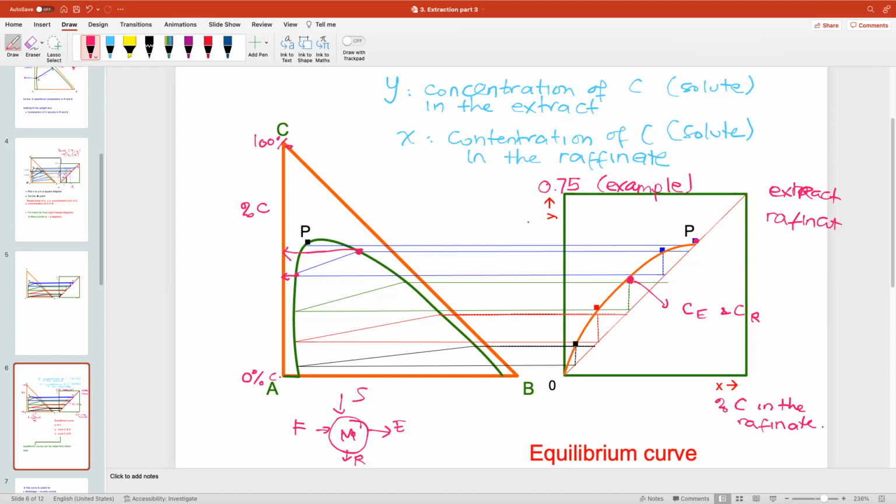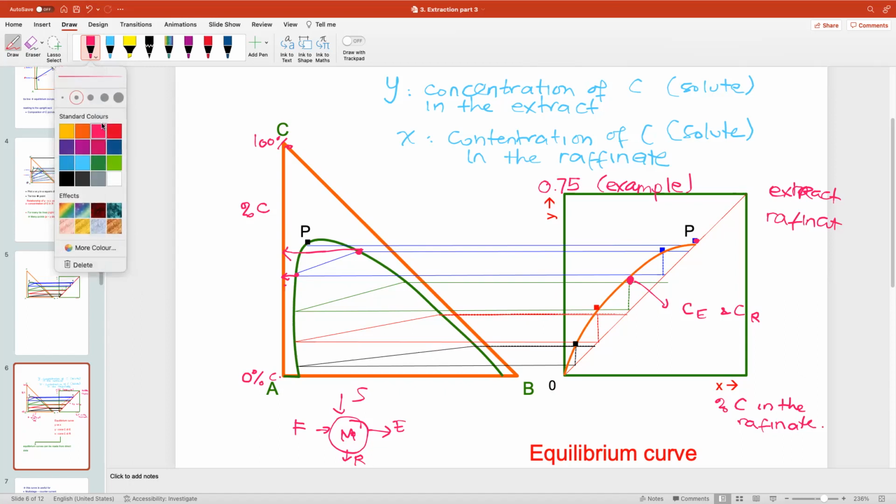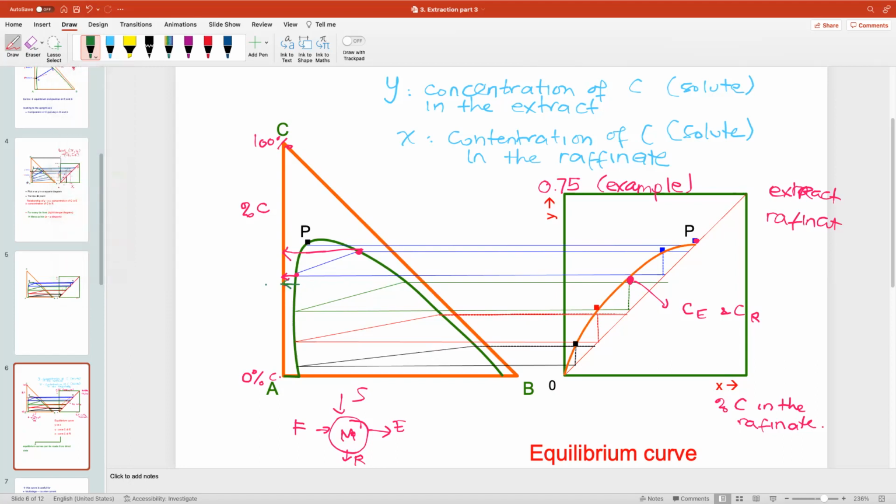That's why when we draw the points here, let's say maybe the green one, we read it from the percentage of Y there. Maybe I'll change this into green as well. So when you read it here, for example, this is the percentage of C in the extract, right?